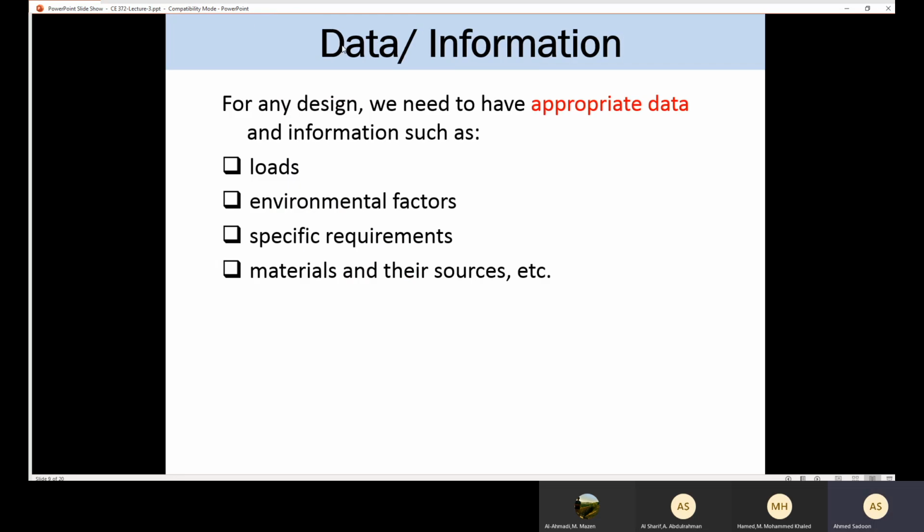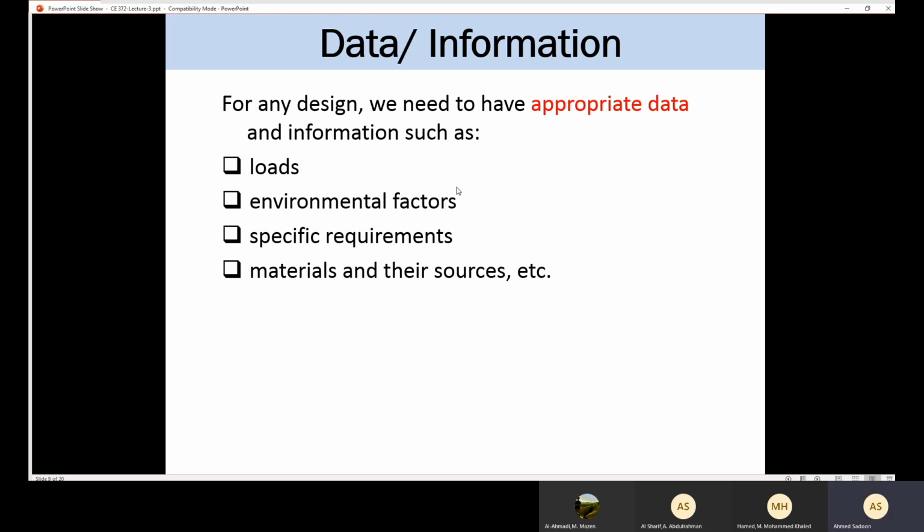Also, we have the data and the information. Of course, if you are willing to come up with any design, you need to have the right data for that. Otherwise, you'll not be able to complete your design. For example, you need to know the loads. You need to know how much load is on your building. You need to know the environmental factors.